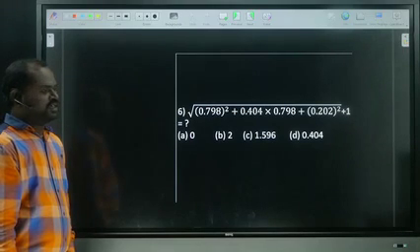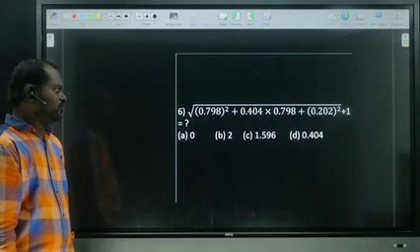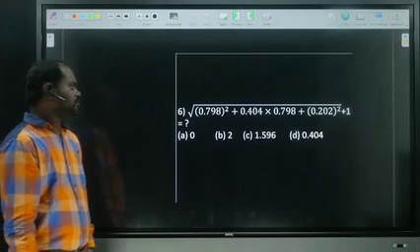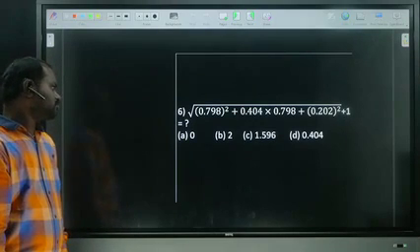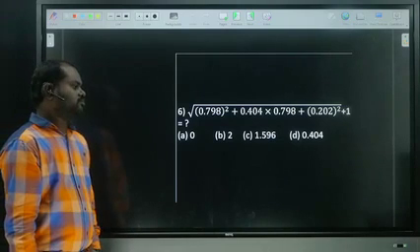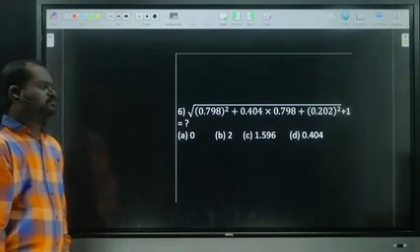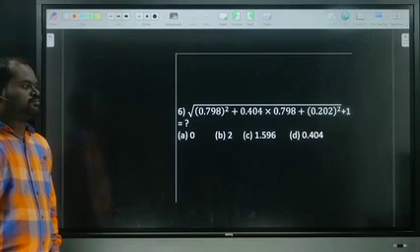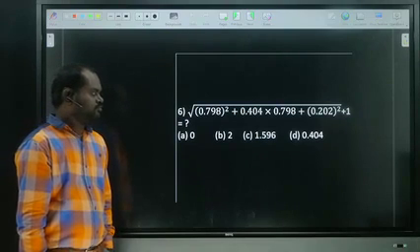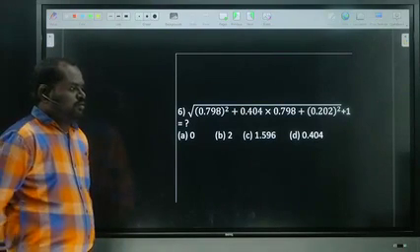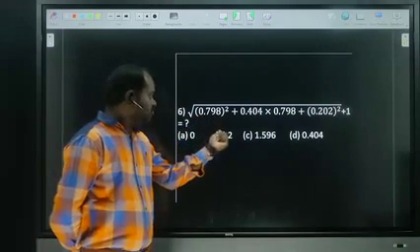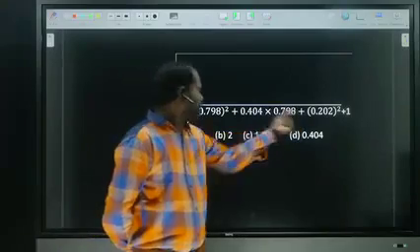The root of 0.798 whole square plus 0.404 into 0.798 plus 0.202 whole square, plus 1. Now, if you observe carefully, ma, it is a square, it is b square, it is 2ab.